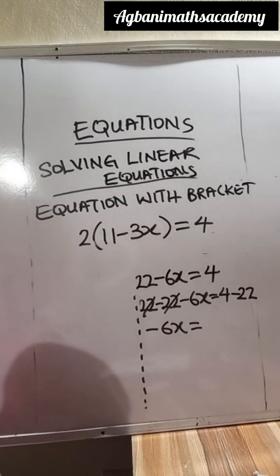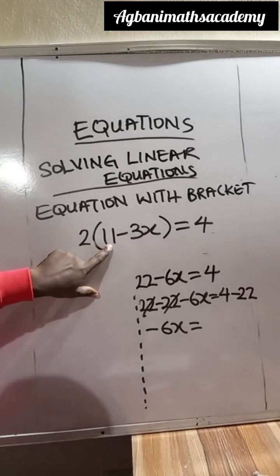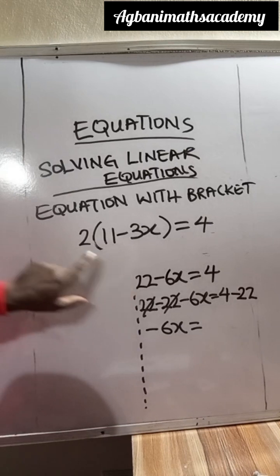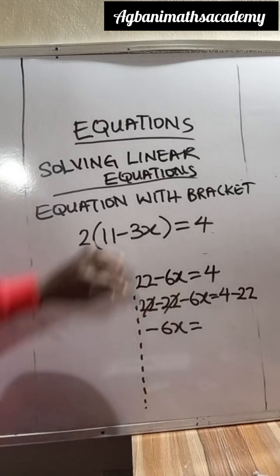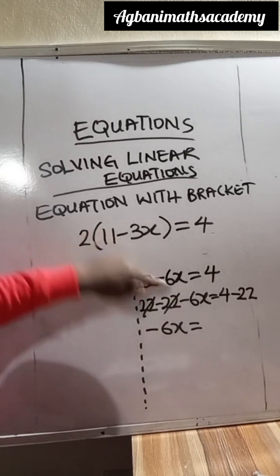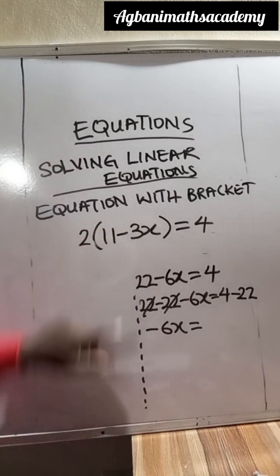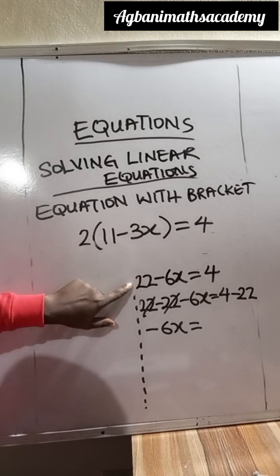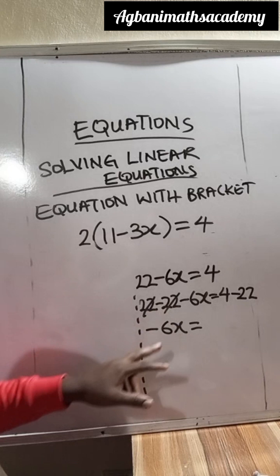Someone is asking why we put 22. Let's start from here. 2 multiplied by 11 will give us 22. That's where 22 comes from. 2 multiplied by minus 3x gave us 6x. But now we want to get x, so all these values have to be removed. The value we want to remove here is 22, so we introduce the opposite of 22, which is minus 22.